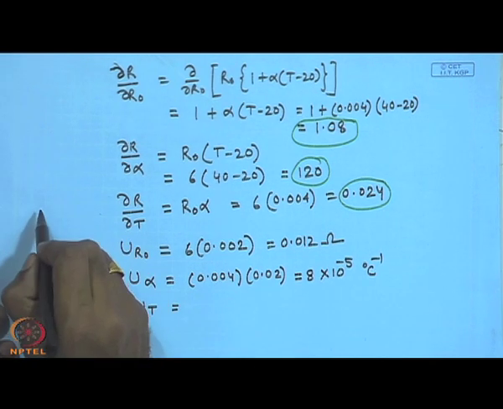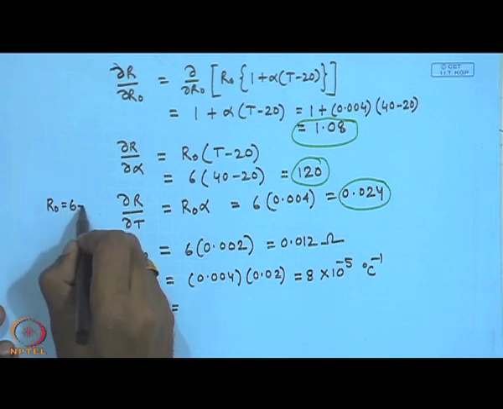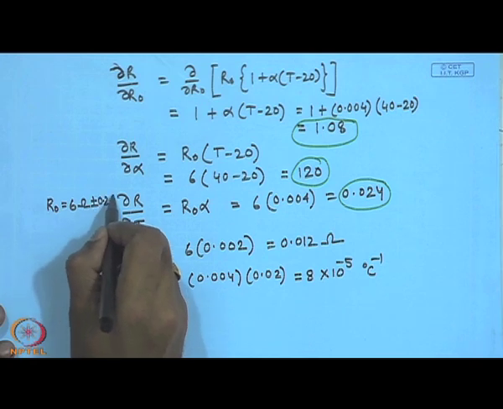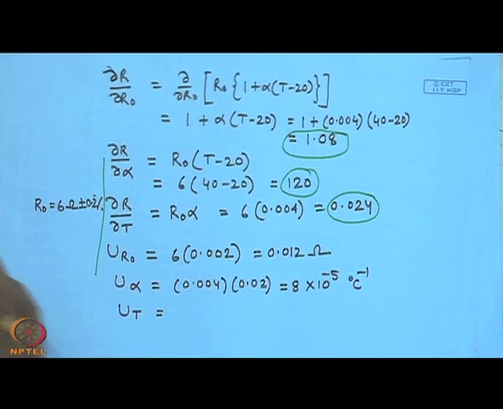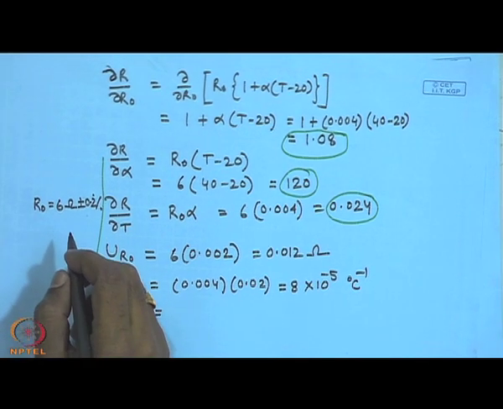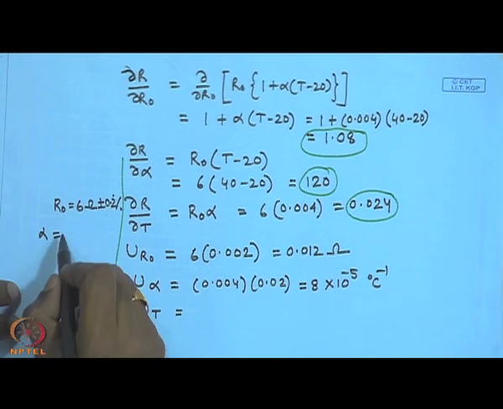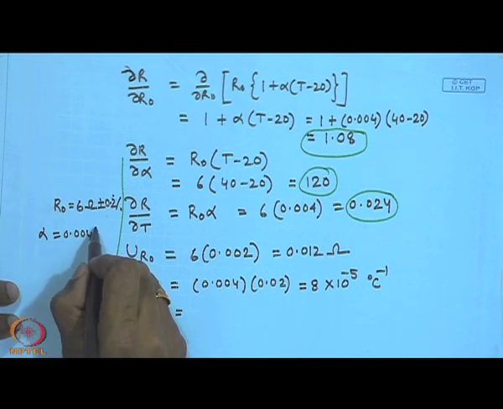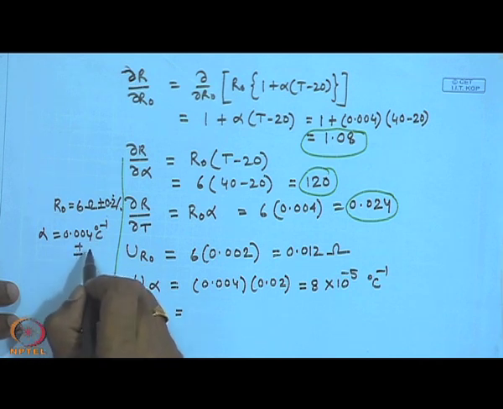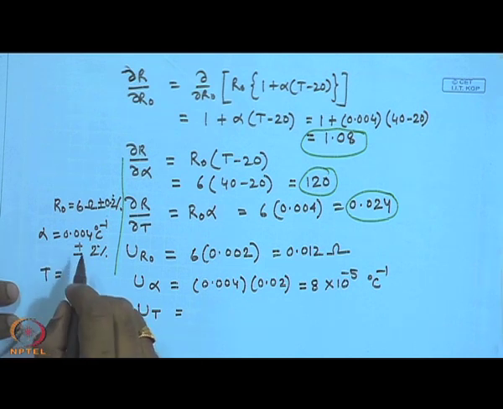If you remember, we said R0 is given as plus minus 0.2%, alpha is given as 0.004 per degree Celsius plus minus 2%, and temperature is measured with plus minus 1 degree Celsius accuracy.